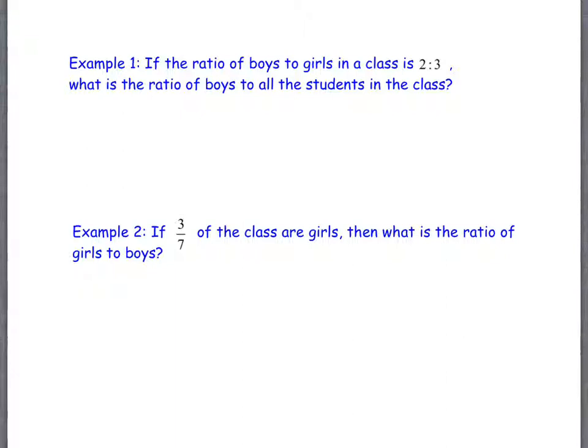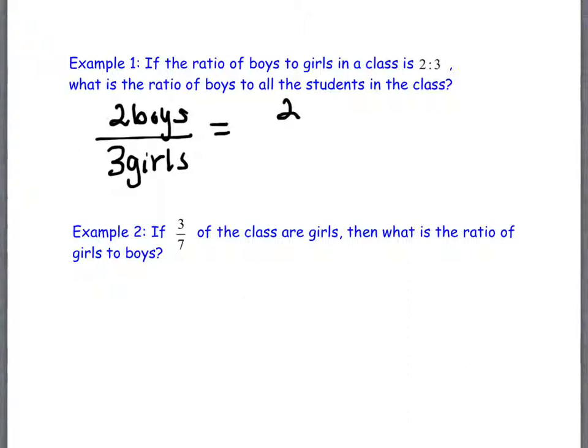Right, and I'm going to show it to you like this because this is what you would want to explain, or one way to explain if you were working with the younger kids. So there are 2 boys compared to every 3 girls, right? And what we want is we want to compare the number of total boys, the 2 boys, to the number of total kids, which was 2 boys to every 3 girls.